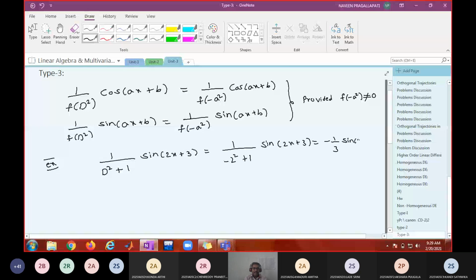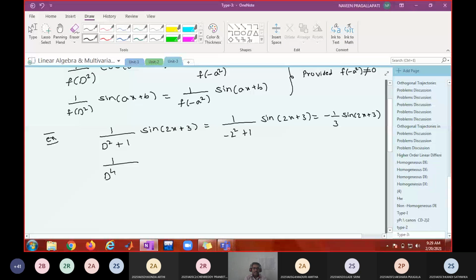For example, if it is 1 by d power 4 plus 1 cos of 3x minus 1. How can I rewrite this?